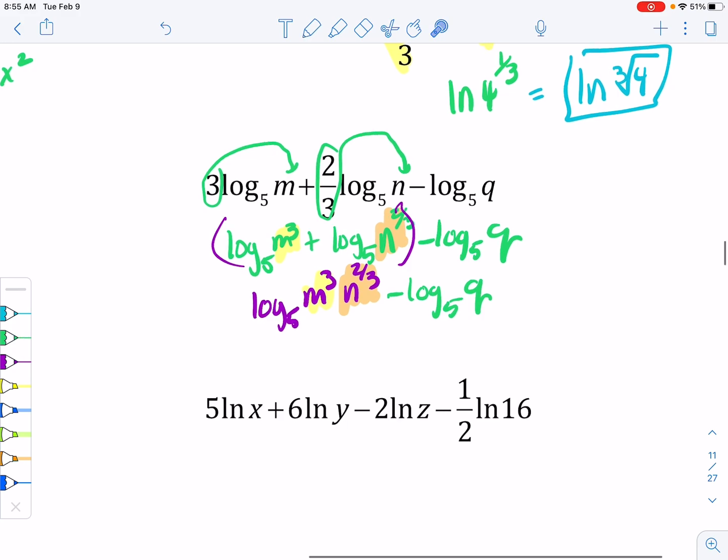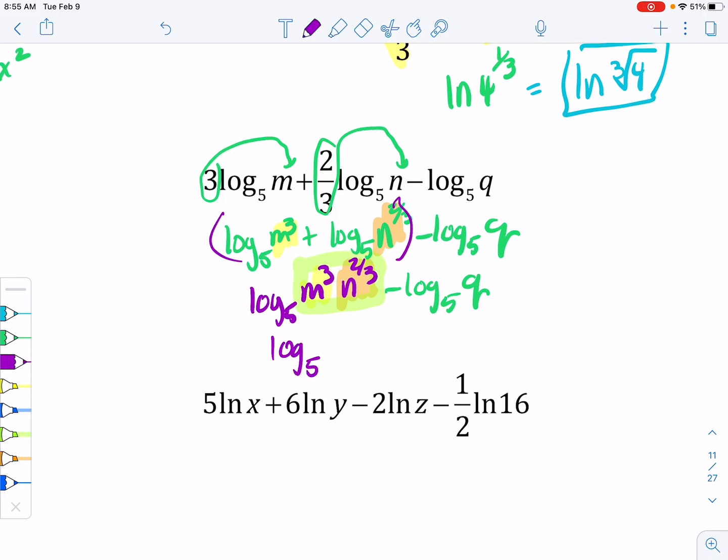So when we're subtracting logs, that means that you're dividing the arguments. So this argument divided by this argument. So I'm going to take this thing here, log base 5 of m cubed n to the 2/3, and then divide by our argument of this one, which is divided by q.